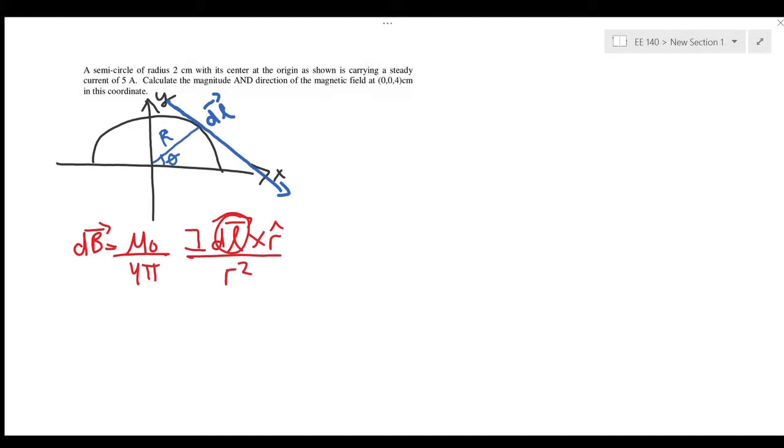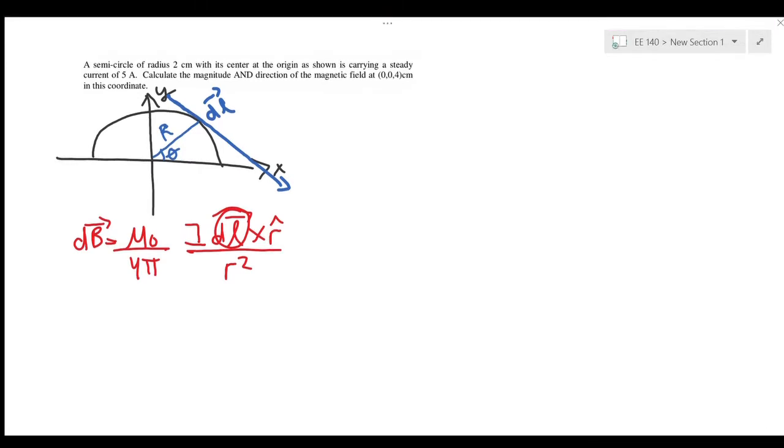dl. So we defined the radius of our semicircle and theta, and I drew out dl, and that's just the tiny segment that's carrying a current that makes it a semicircle. So this angle right here is 90 degrees. So if that angle is 90 degrees, we have an axis like this.